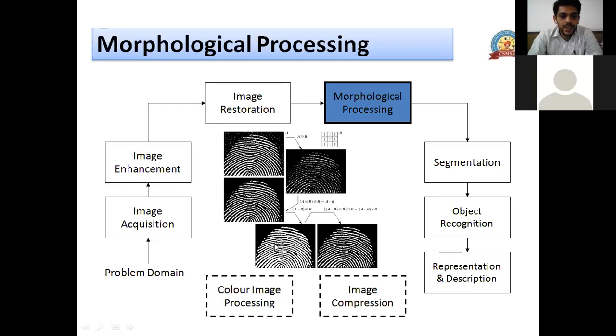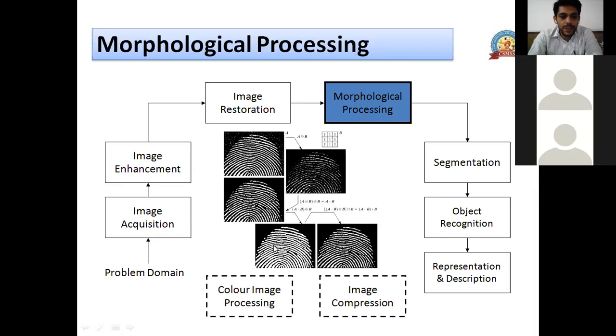Because of this, the width of the finger line is also increased, so again that width is decreased to the original, and we get continuity as well as clear finger lines. Once we get clear finger lines, we can do different other things to identify the person from the fingerprint.